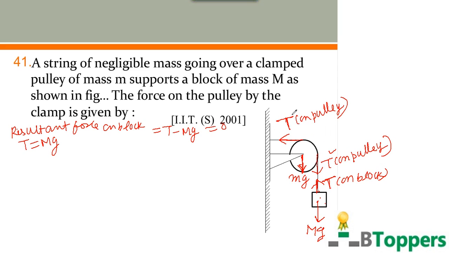I have shown only 3 forces on the pulley here, 1, 2, 3. There is another force on the pulley by the clamp, and the resultant of all the forces acting on the pulley is 0. The force exerted on the pulley by the clamp must be opposite in direction, but equal in magnitude, to the resultant of these 3 forces.